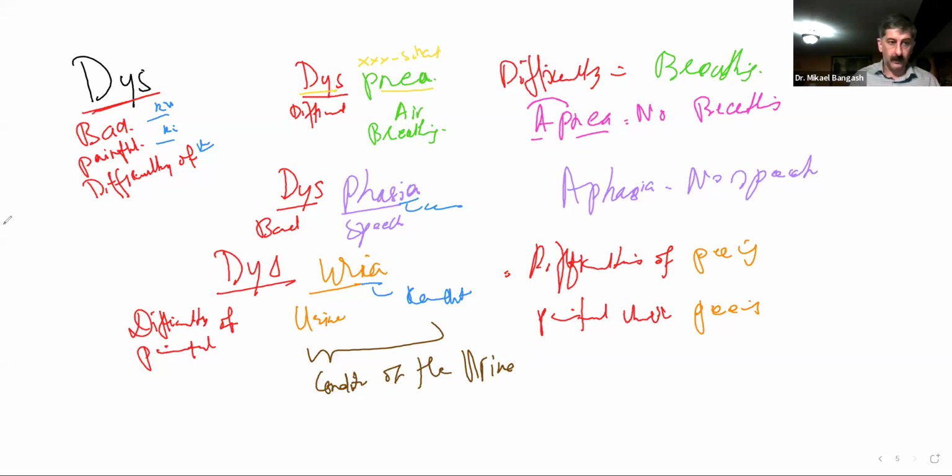Where the ia indicates that it becomes a condition related to your urine. Did you guys get that? So a common symptom of a UTI is going to be dysuria.